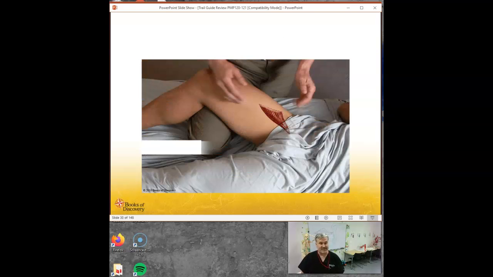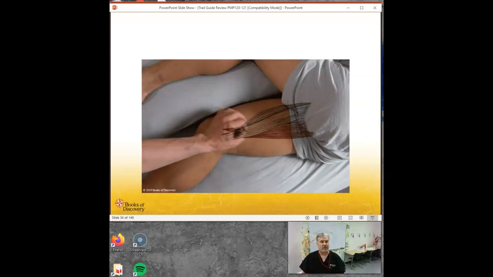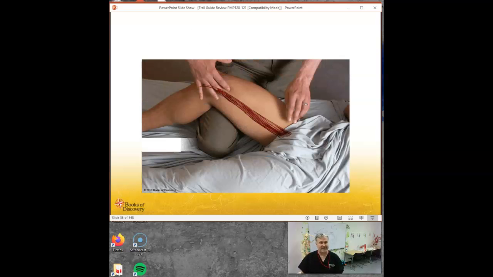Hamstrings. Yes. What muscle is this? Adductor brevis. Yes. What muscle is this? Adductor magnus. Beautiful. Yes. What muscle is this? Gracilis. That was beautiful.